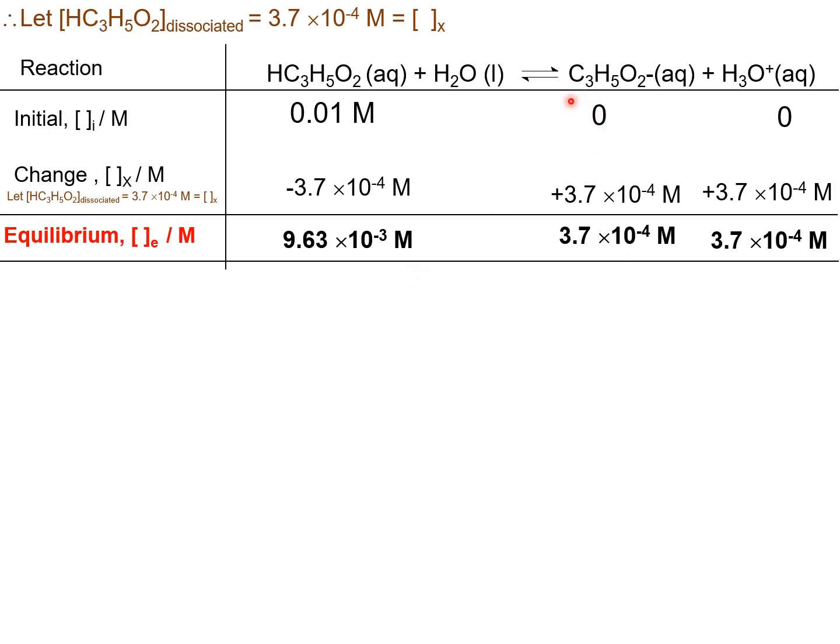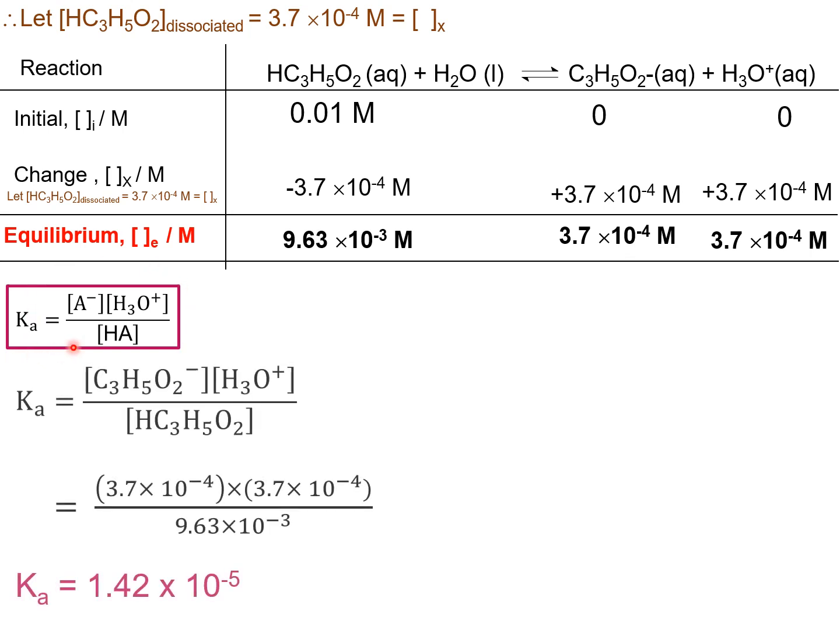Okay, how about these two? Zero plus 3.7 times 10 to the power of negative 4 molar will be 3.7 times 10 to the power of negative 4 molar. Okay, next, it asks you to find the Ka value. So you have to build the Ka expression. This is the general Ka expression.